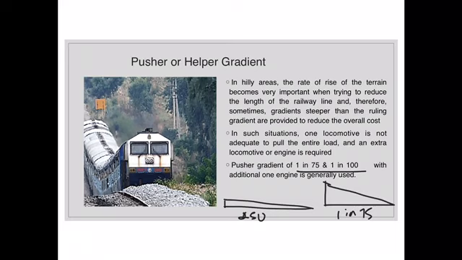To climb these gradients, one locomotive may not be sufficient, so we use an additional locomotive at the back that pushes the train forward. When such a type of gradient is provided, we call it the pusher or helper gradient. Usually the values vary between 1 in 75 and 1 in 100, with one additional engine generally used.